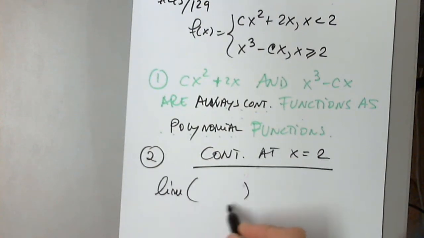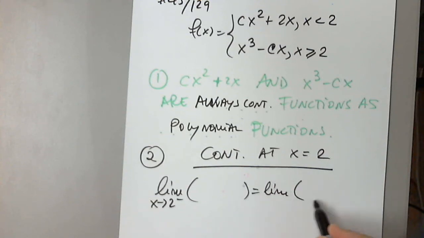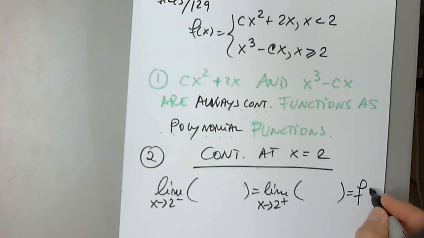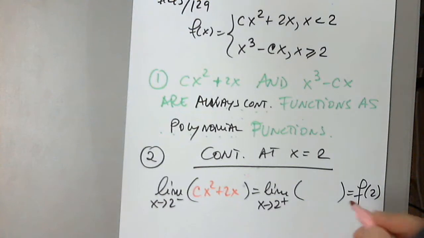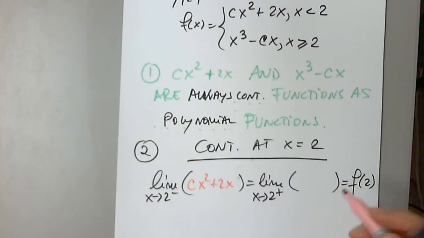The limit from which expression as x approaches 2 from the left equals the limit of which expression as x approaches 2 from the right, and equals f of 2. Can anyone give us the left portion? Cx squared plus 2x. Very good. I know it's redundant, I know it's silly, but I'm waiting for you to give me the second one.